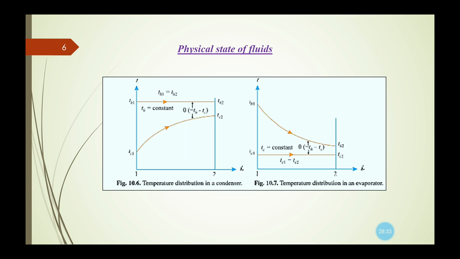This cold fluid takes the latent heat part of the hot fluid which the hot fluid loses. Okay, so in case of the hot fluid, the temperature remains constant, but it loses its latent heat part which is gained by the cold fluid, and that's why the colder fluid's temperature increases gradually from the inlet to the outlet.